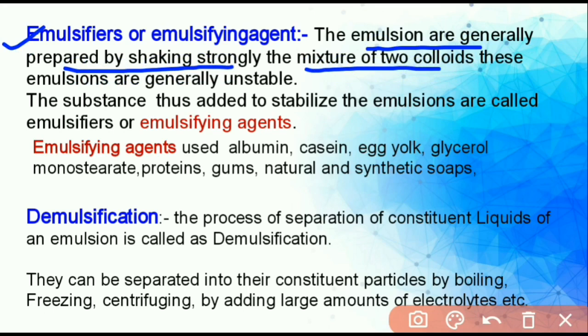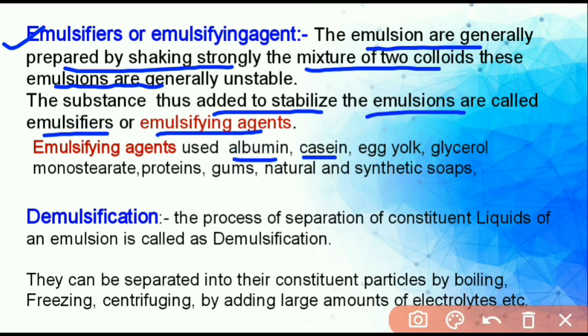These emulsions are generally unstable, so the substances added to stabilize the emulsion are called emulsifiers or emulsifying agents. The emulsifying agents used are albumin, casein, egg yolk, glycerol monostearate, proteins, and gums. Natural and synthetic soaps are also used as emulsifying agents.